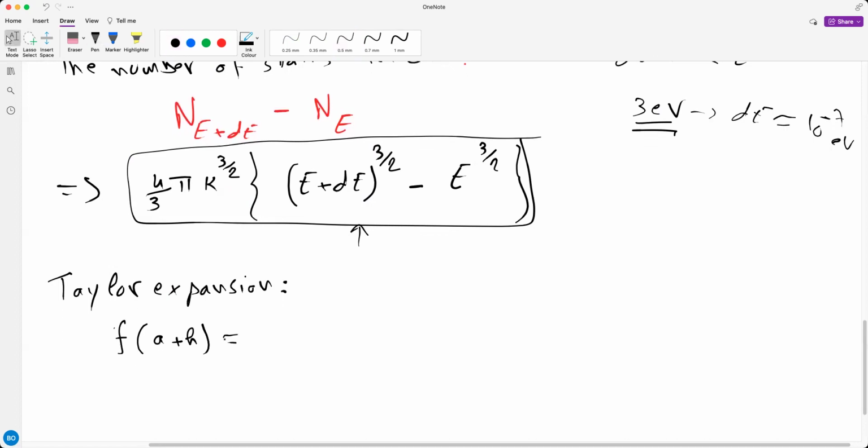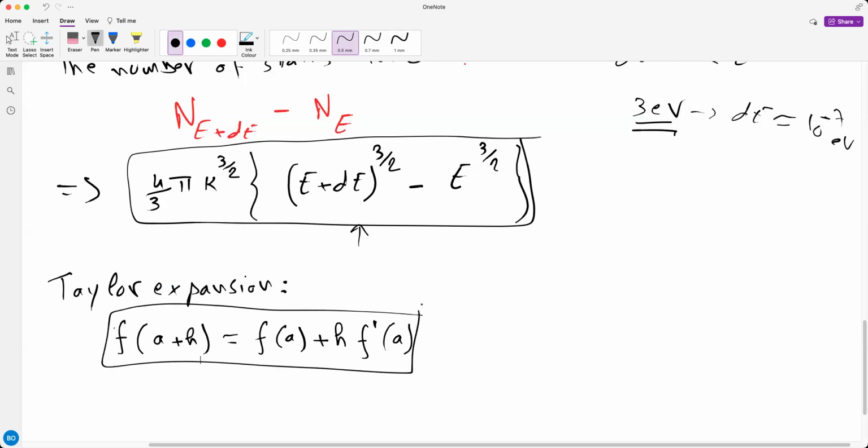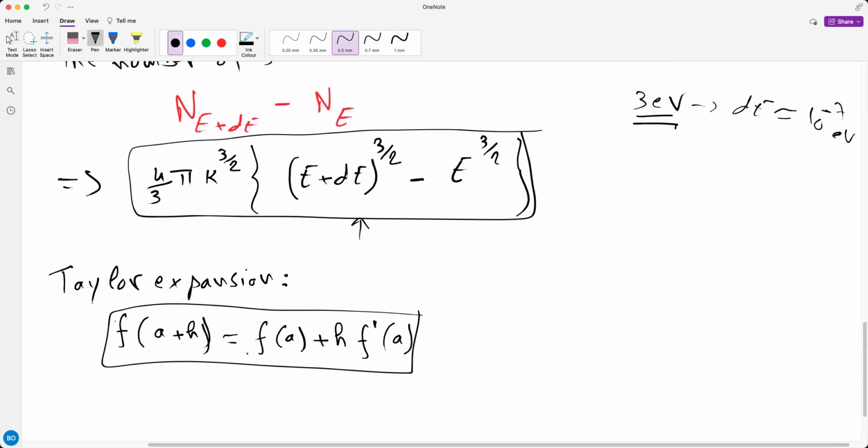This is equal to f of a plus this difference h times the derivative at point a. This is the Taylor expansion. Do you remember this? Taylor expansion. Okay. Do you remember this or not?